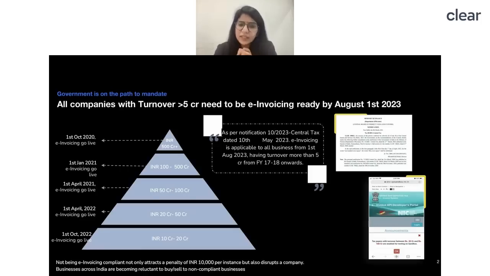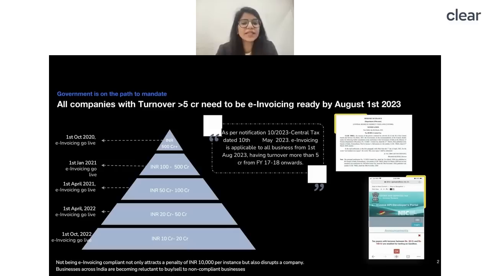But you are talking about something called aggregate turnover, so our first bigger question is what exactly we mean by aggregate turnover. When we say I have to generate e-invoices, there is a need to generate an IRN, and we have to generate it only when my aggregate turnover exceeds a threshold limit, which has now been reduced to 5 crore.